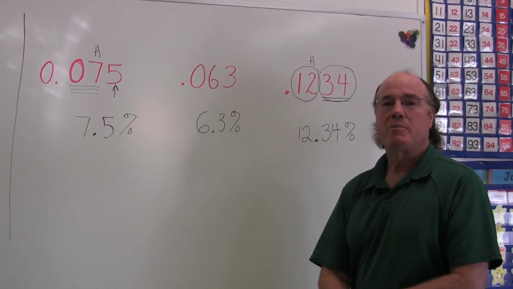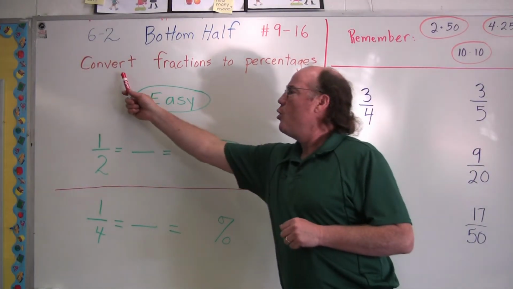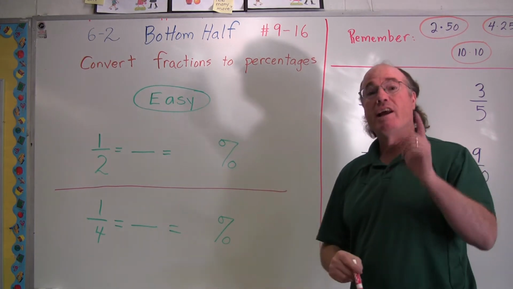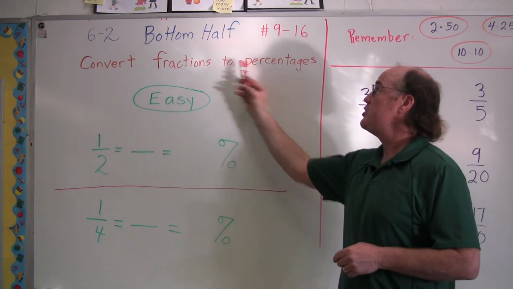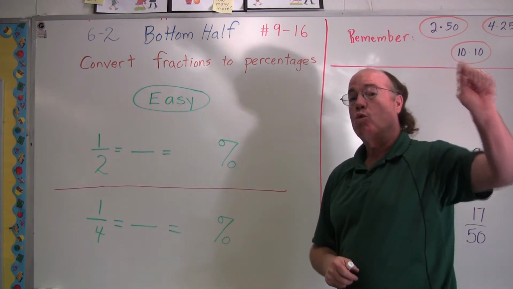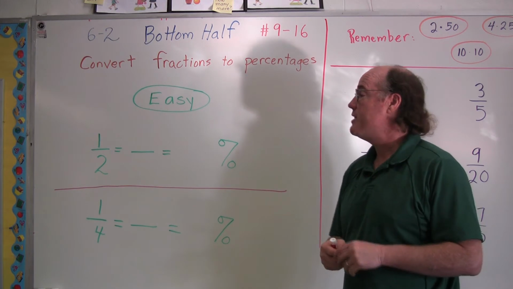Next, we'll go to the bottom half of the page, which is when we convert fractions to percentages. Now yesterday we converted percentages to fractions, and just like the top part of the page, we're doing the bottom part exactly opposite of what we did yesterday.